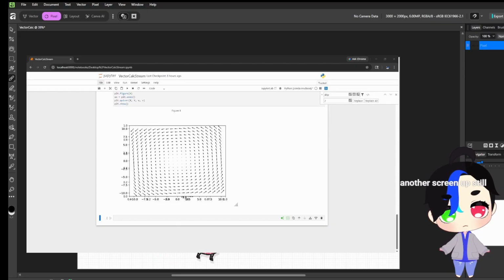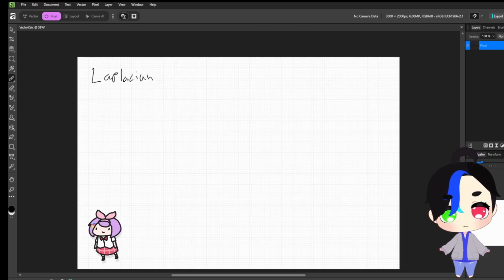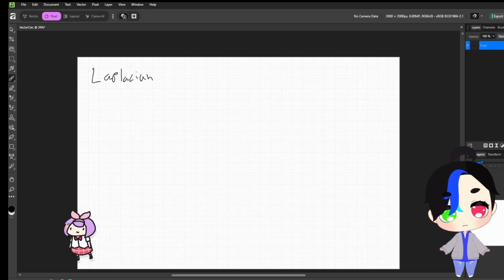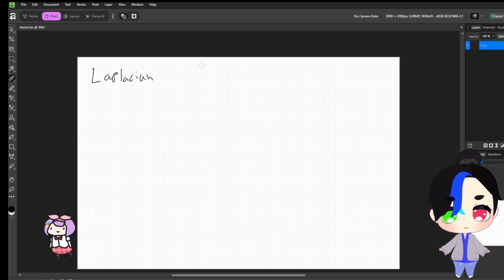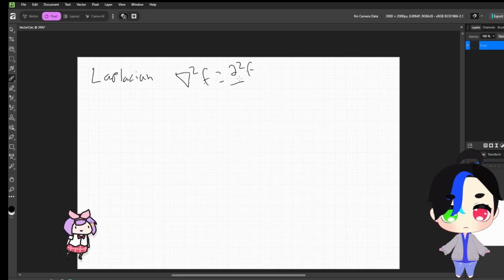For every point in your xy plane, you have a vector defined there. So instead of just having one vector, you have a vector for every point that you care about. That's what a vector field is. So the Laplacian is defined as del squared of f, and that is simply the second derivative.